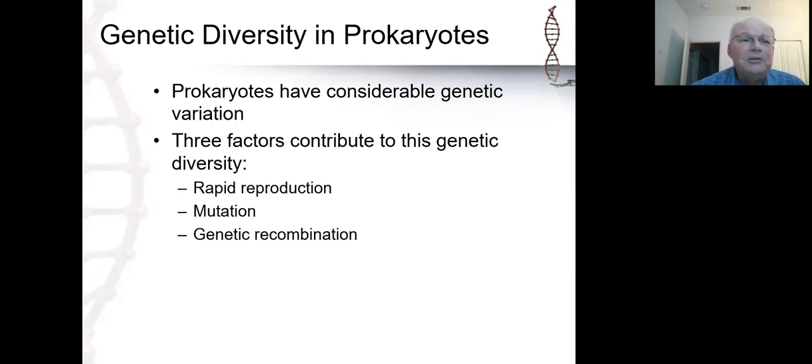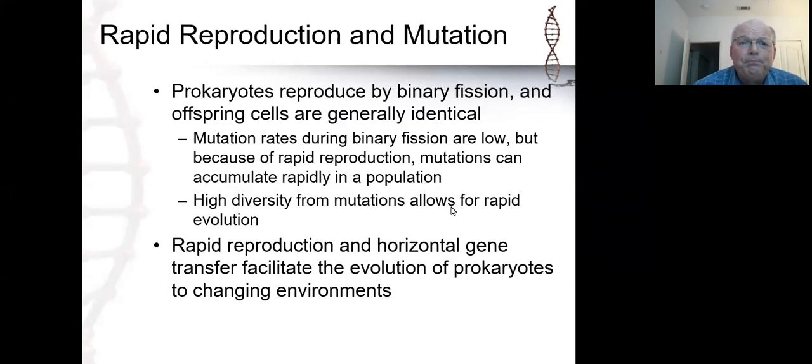So all of these allow bacteria to create a wide variety of genetic diversity and genetic variation, even though they don't practice sexual reproduction, which is what we typically point to as the primary source of genetic variation in eukaryotes. So let's take a look at these. So we do know that they reproduce quickly.